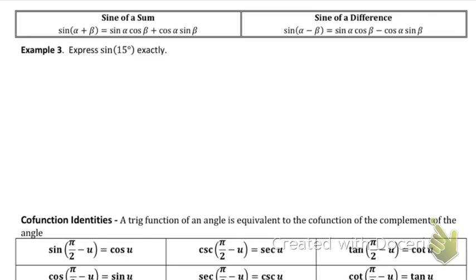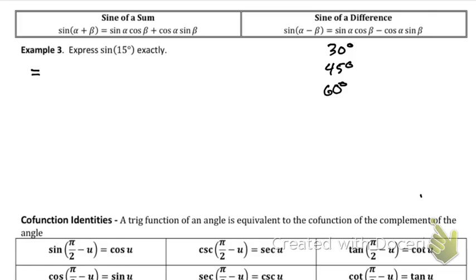So once again, you're just thinking, well, we have a 30 degree, 45 degree, and a 60 degree. And once again, you have multiple methods. You could do 60 minus 45. You could do 45 minus 30. Both of those will work out the same. Let's just do 45 minus 30.